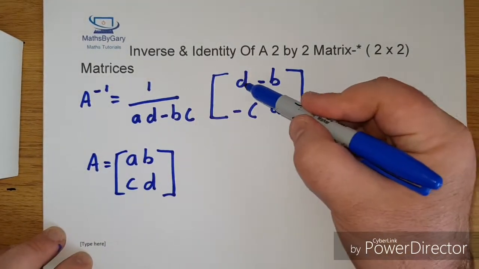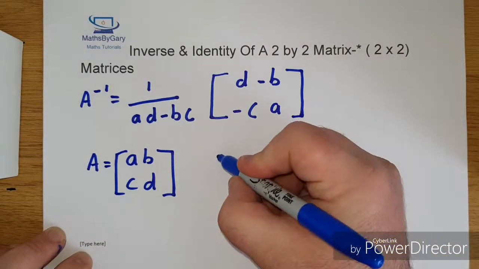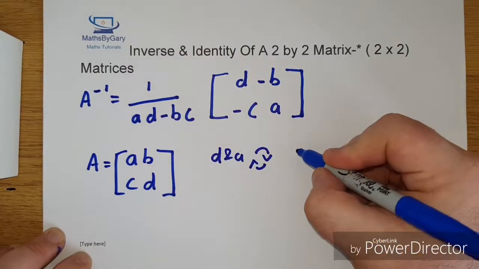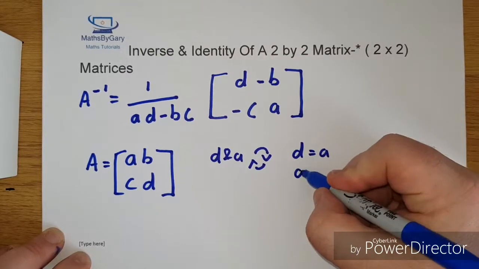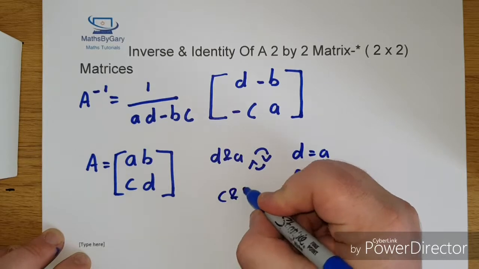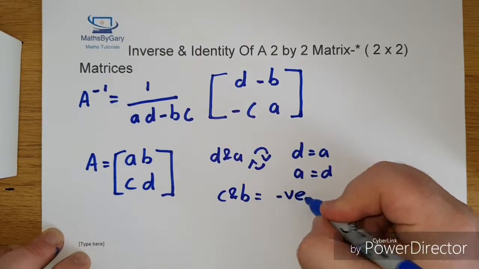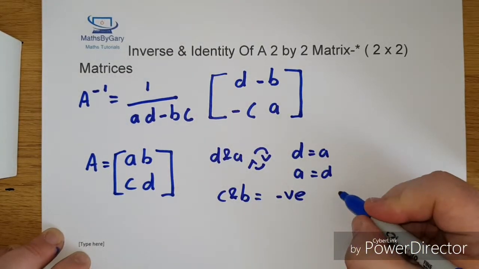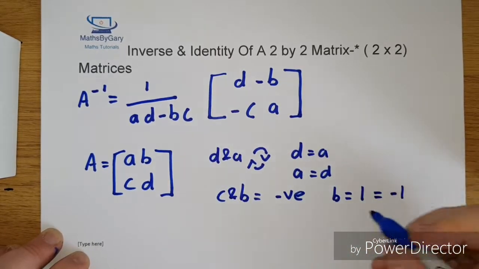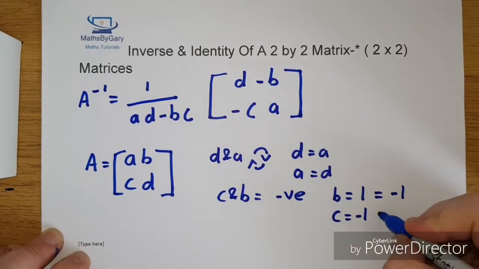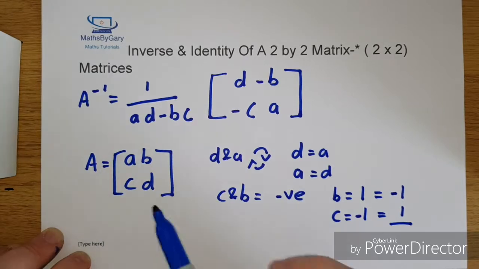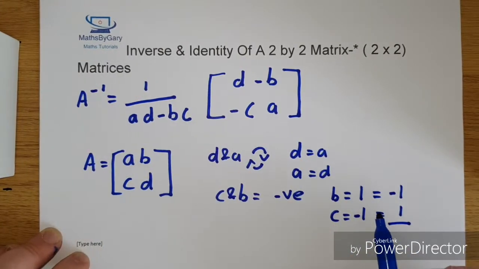First of all, D and A switch places, so D becomes A and A becomes D, and then C and B will become negative. So if B was, for instance, 1, it now becomes minus 1. If C was minus 1, it now becomes positive 1. So this is how we work out the inverse of a matrix.